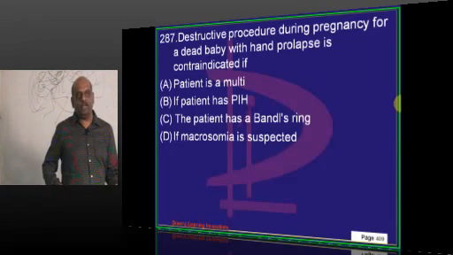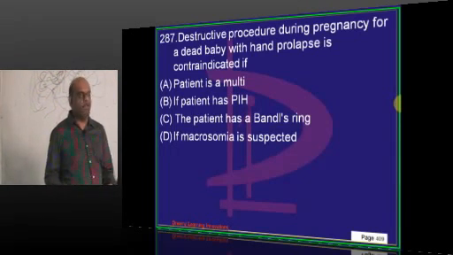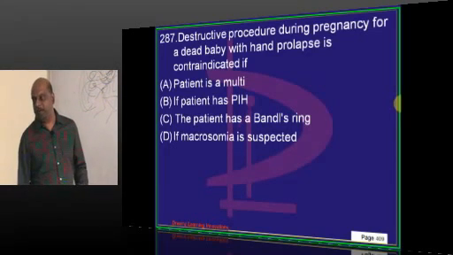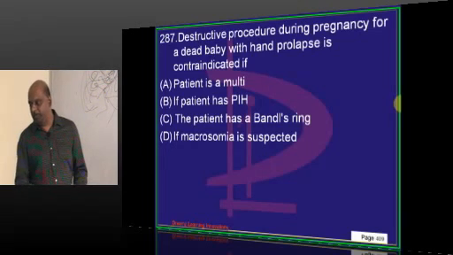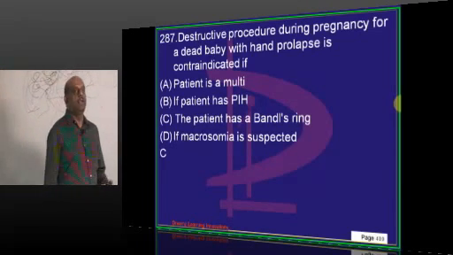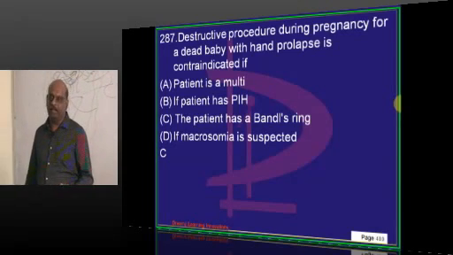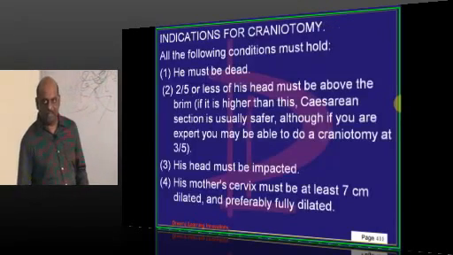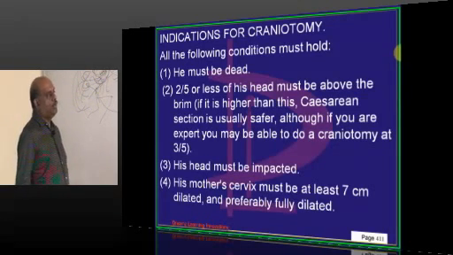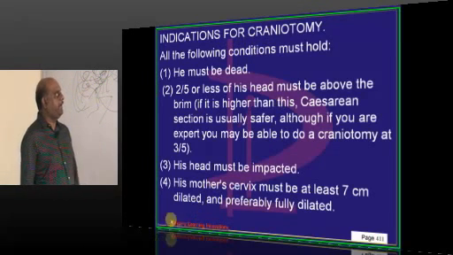You want to do a destructive procedure like a craniotomy during pregnancy for a dead baby which has got a hand prolapse. What is an important contraindication for this? Typically, if the patient is having a Bandl's ring. So, to do craniotomy, what are the indications? First, the baby should be dead.